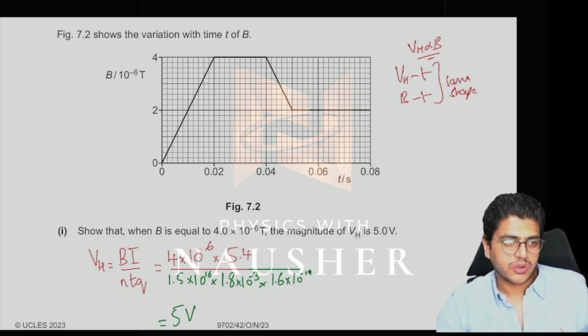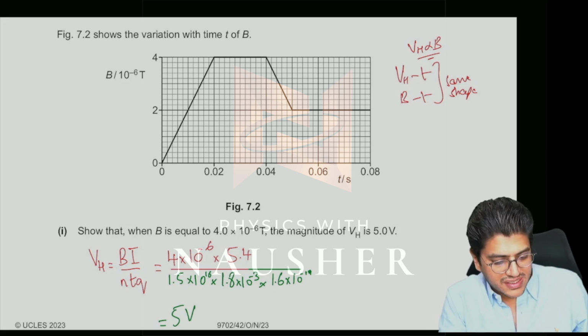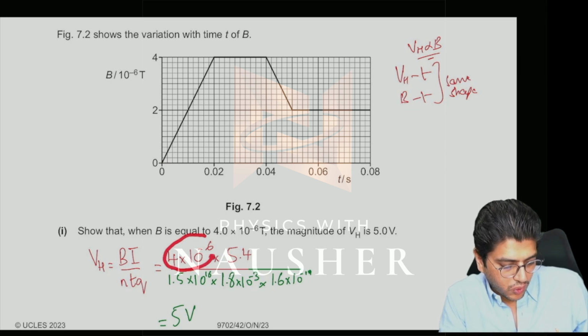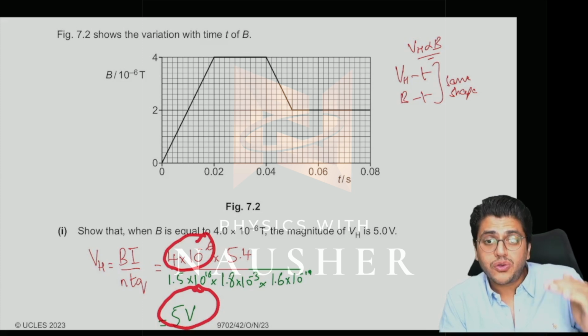You can see it from the equation. Hall voltage is directly proportional to magnetic field strength. So if your magnetic field strength is 0, Hall voltage is 0. If your magnetic field strength is 4, your Hall voltage is 5. That's fine. The values can be different, I didn't say same values, I said same shape.